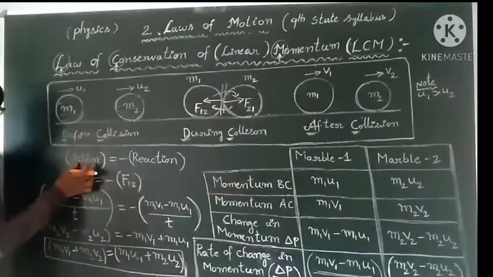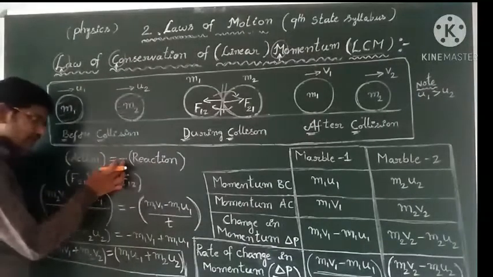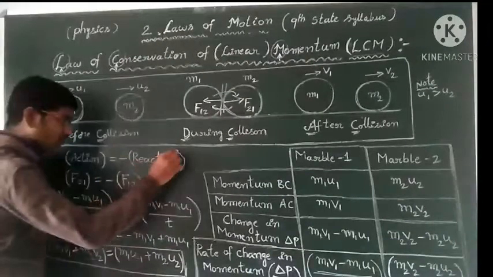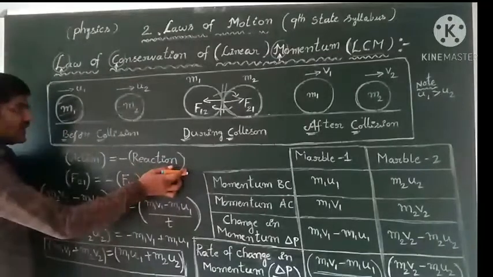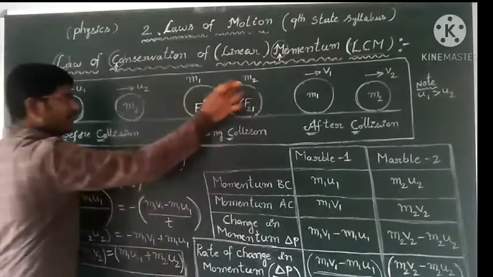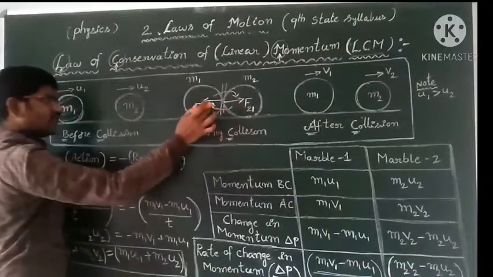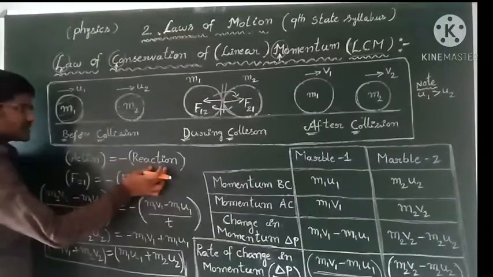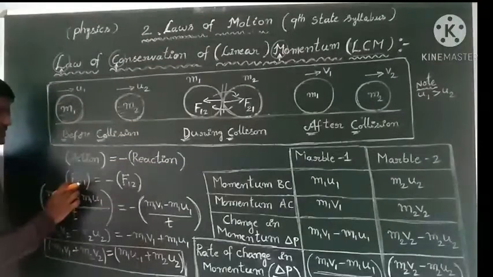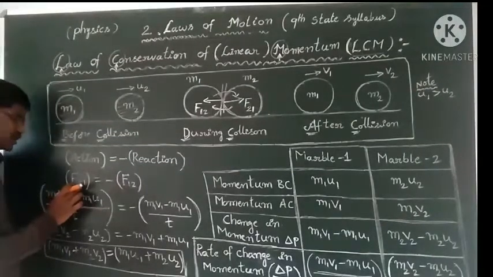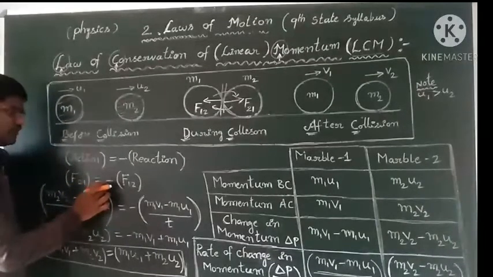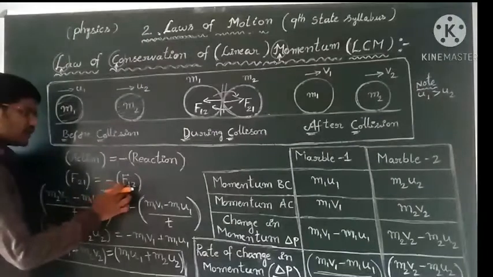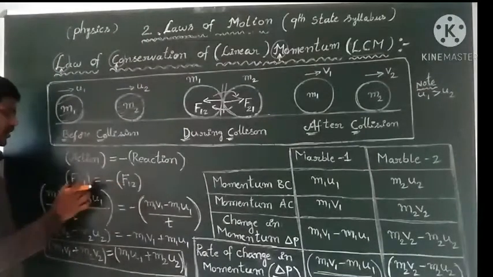So the action force is equal to minus the reaction force. To every action, there is an equal and opposite reaction. Action force means force on 2 by 1, which is called F21, equal to minus the force on 1 by 2.